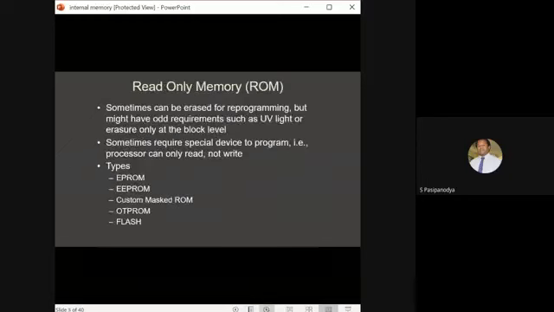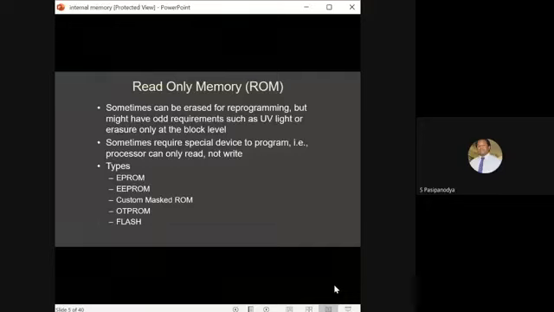Now we move on to read-only memory, also known as a ROM. And we're saying with read-only memory, these can be erased for programming, but might have the requirements such as the need for ultraviolet light, or the need to ensure that only the ROM is writable within a particular block.